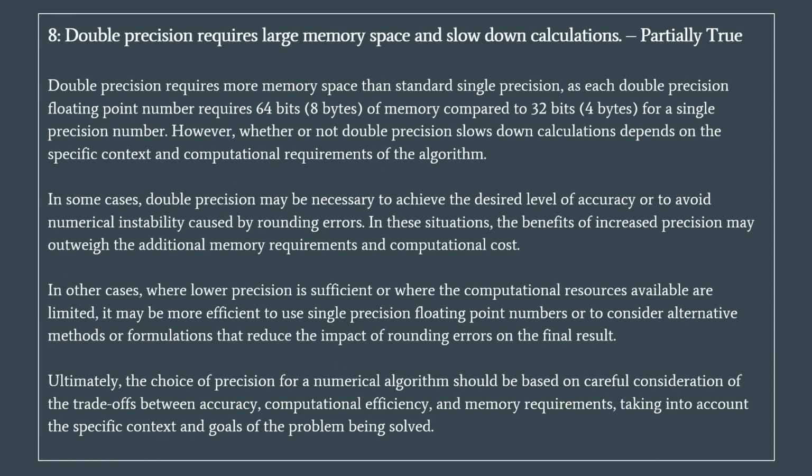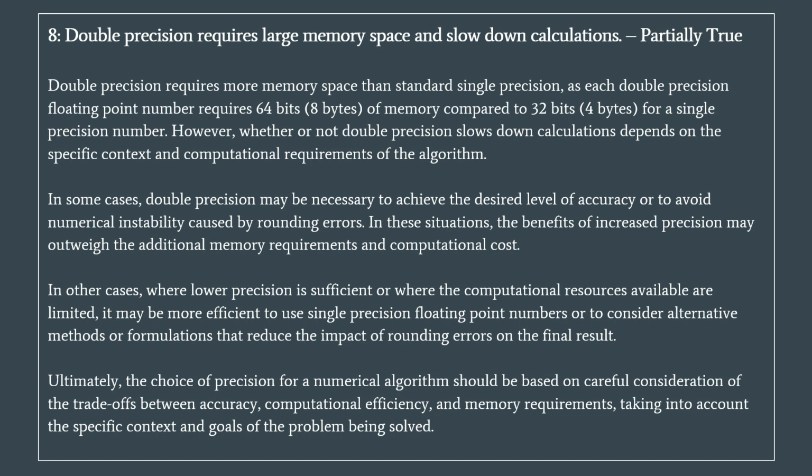The eighth statement is: double precision requires large memory space and slows down calculation. This statement can be considered partially true because yes, double precision requires more memory space than standard single precision, as each double precision floating point number requires 64 bits of memory compared to 32 bits of single precision mode.